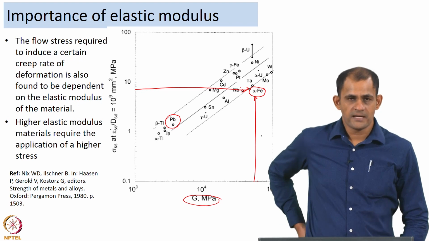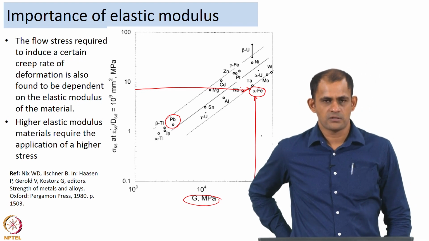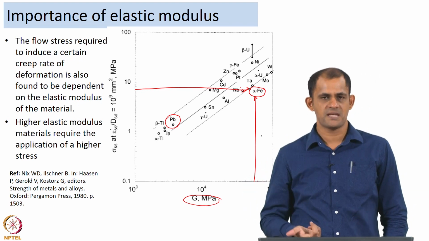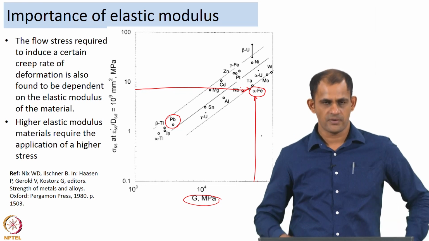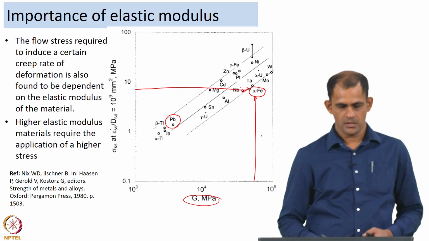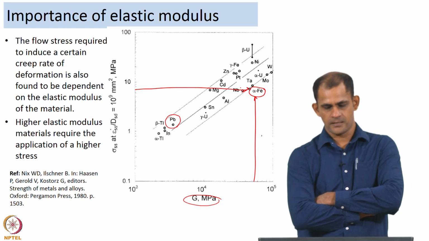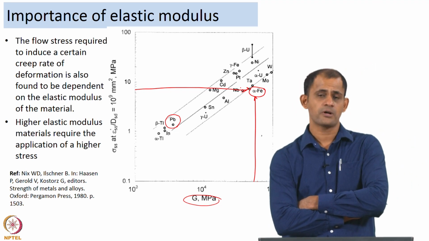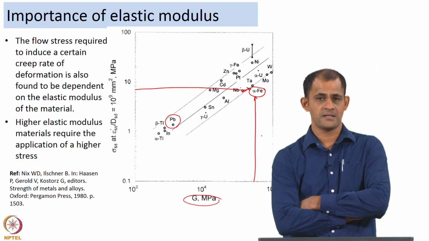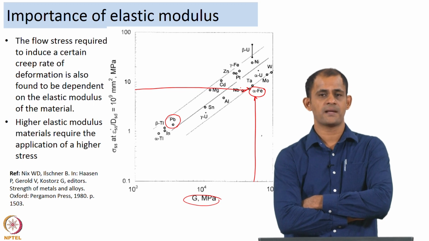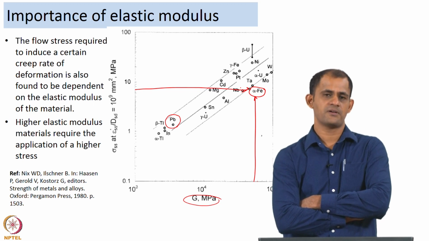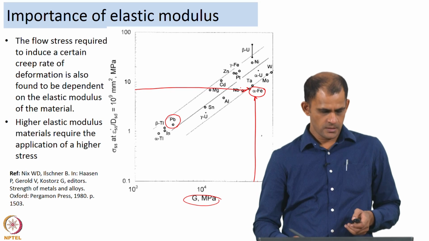Higher elastic modulus materials require a higher stress to achieve the same strain rate of deformation. So, this also tells us that normalizing with the elastic modulus allows us to compare the behavior of different materials.